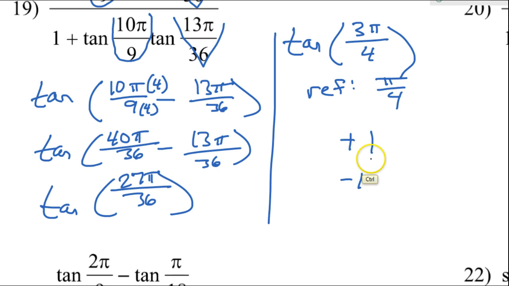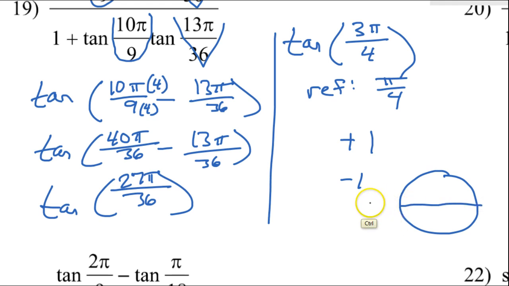That simply depends on the quadrant. Where is 3 pi over 4? Consider the unit circle. You know how pi is over here on the left? This would be the same as 4 pi over 4. Do this in your head: 3 pi over 4 would be 1 pi less than that, so it would be just a little bit above this.